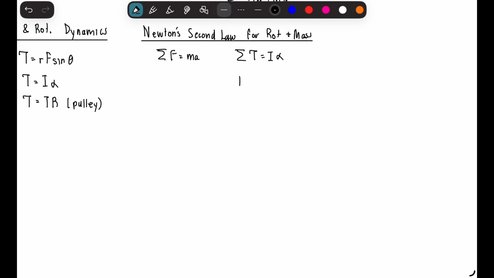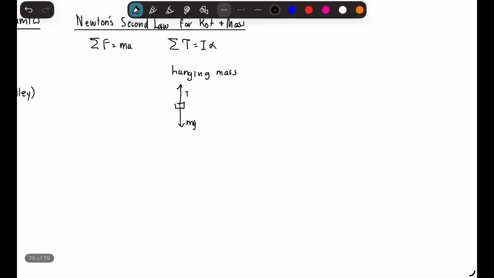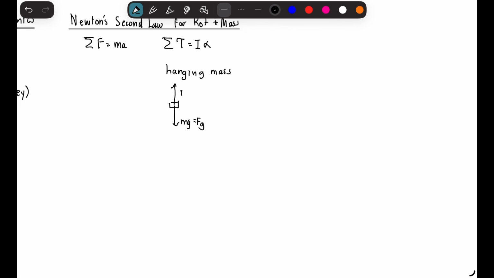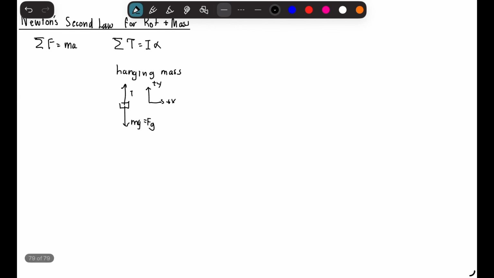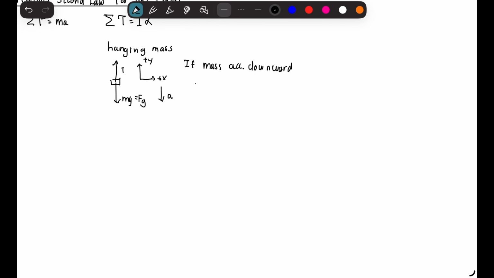Now for our hanging mass problems, we have a tension force up and we have mg down, and this is our mass, Fg. You have to be careful with signs. If the mass accelerates downward, this means you have to write this as mg minus T is equal to ma.